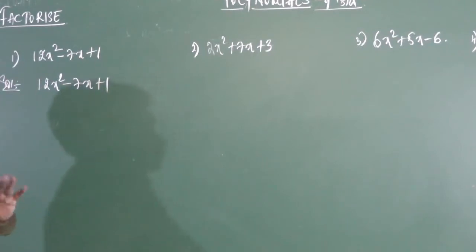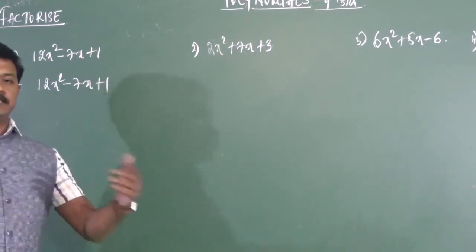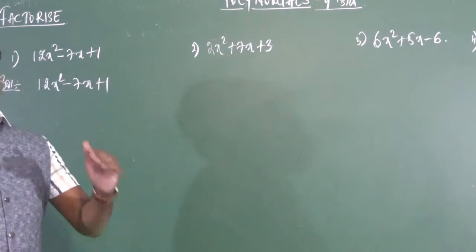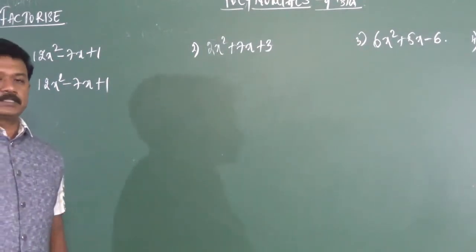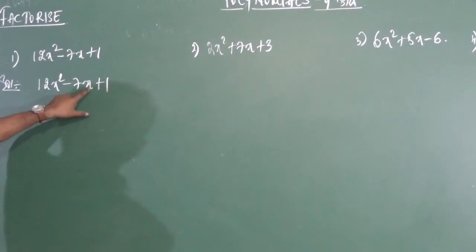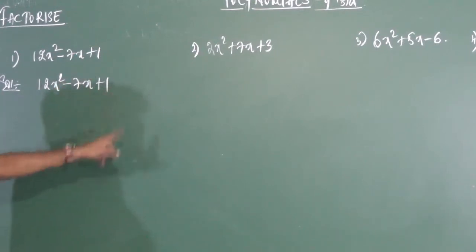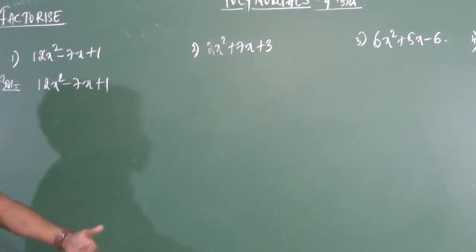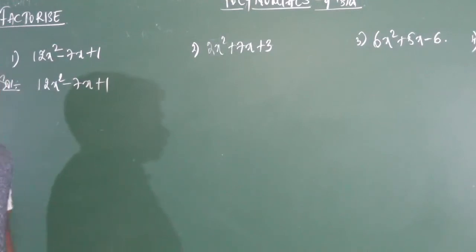The first thing to check is whether it is in the standard form or not. Here at last we have the real constant, and the variable exists in degree 2, and the next term has the variable in degree 1. So it is in the decreasing order of powers of the variable, therefore it is in the standard form.